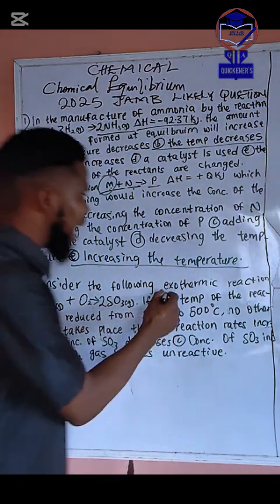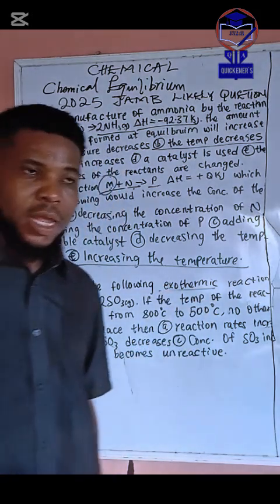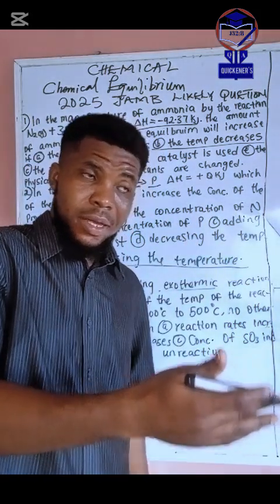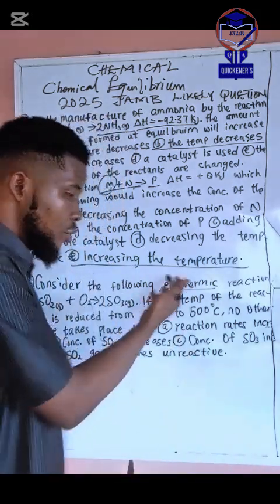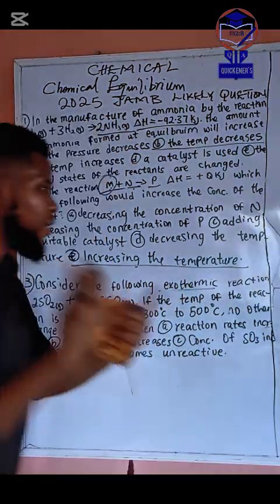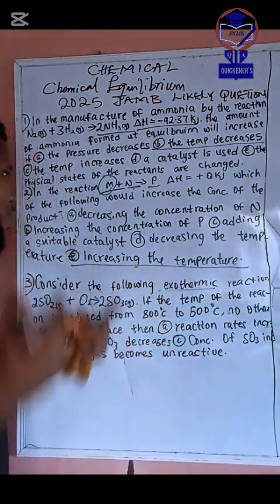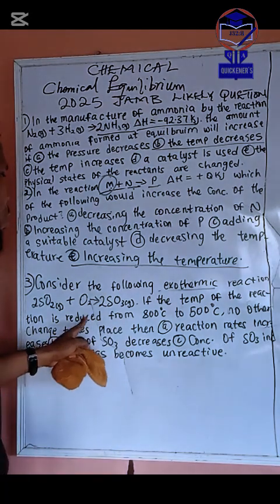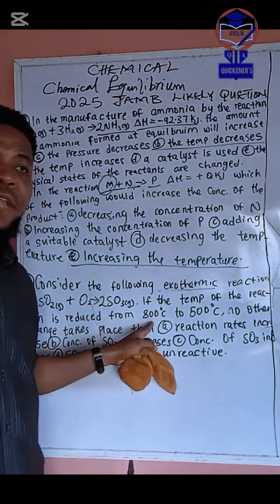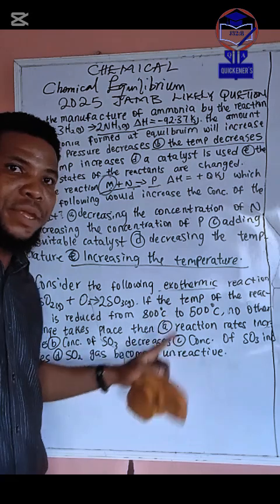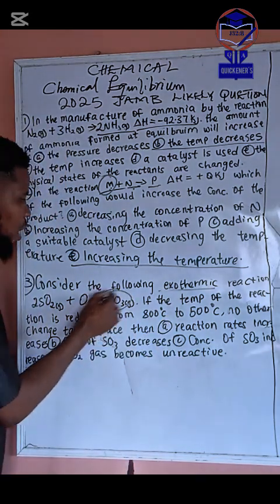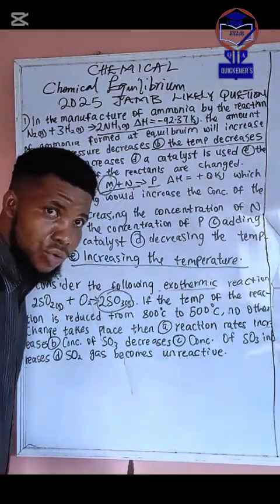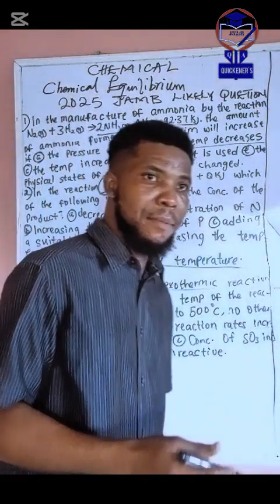Now remember, consider the word exothermic reaction. Either you see a negative enthalpy change or exothermic. So, if you want the forward reaction, you reduce temperature, right? So you can see, we reduce temperature from 800 to 500. That means more of the product will be formed, because temperature was reduced for an exothermic reaction.